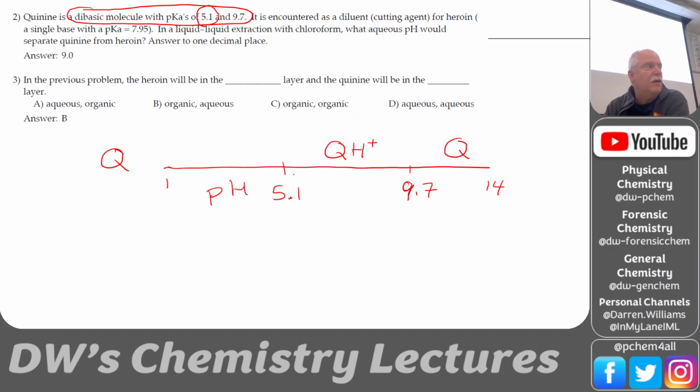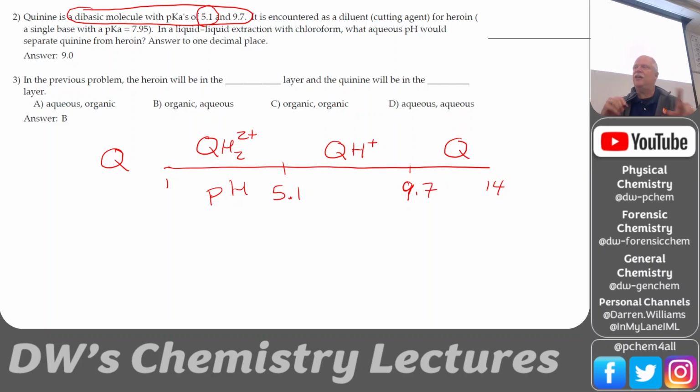Does that make sense? If we get below 9.7, we've protonated it. And then if we go past 5.1, we have QH2 2+. We have two bases in this molecule. We've protonated both of them. And so now we have QH2 2+. So it's doubly protonated and is super soluble.